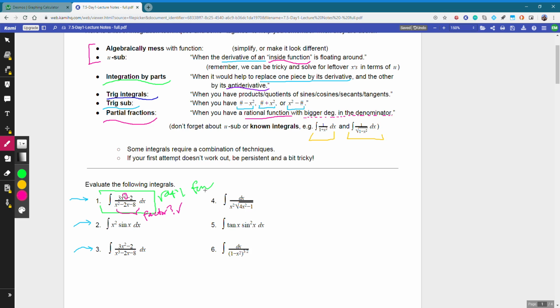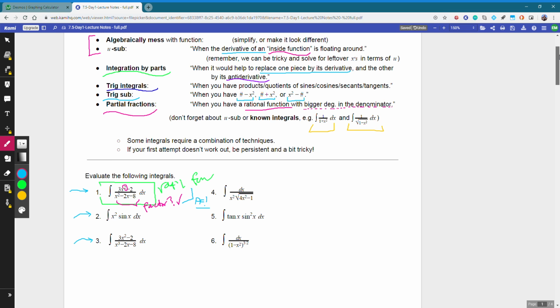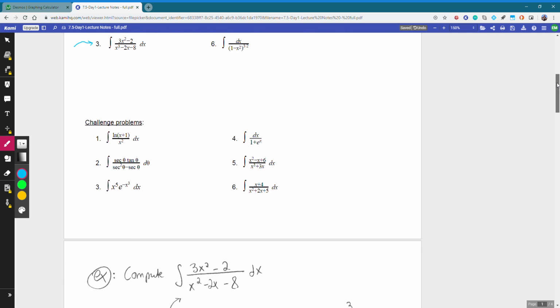Right, even if it didn't factor, it wouldn't be the end of the world, but it would be definitely a lot more difficult. And so these two pieces together definitely suggest partial fractions for this first one. So let's see how that looks.